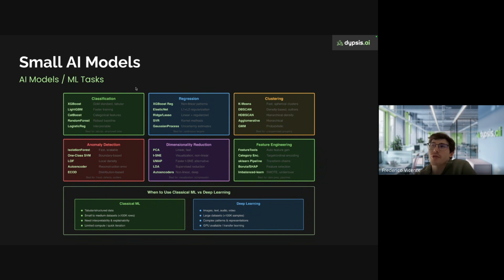Concerning ML tasks, of course, there are more classical models like XGBoost, clustering, k-means, etc. All these kinds of models are still used extensively today, and it's important to balance and understand when to use each. Most of the time companies are dealing with tabular data, so these classical models are still extensively used for that.